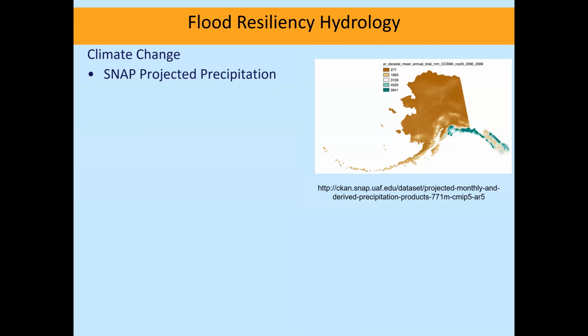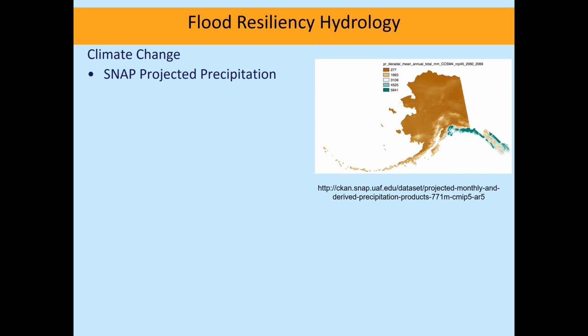Okay, and then, all right, so last few slides on flood resiliency. I just want to mention climate change and some of your options for thinking about climate change and hydrology and flood flow predictions. UAF maintains these SNAP projected downscaled projections for precipitation in Alaska going into the future.